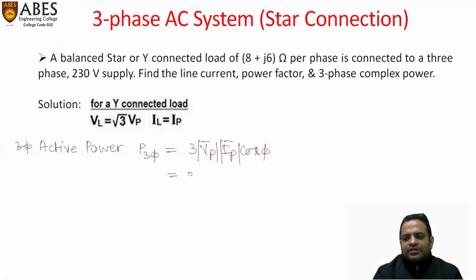So thrice of Vp, that is 132.79, and Ip, that is 13.279, into cos phi 0.8.